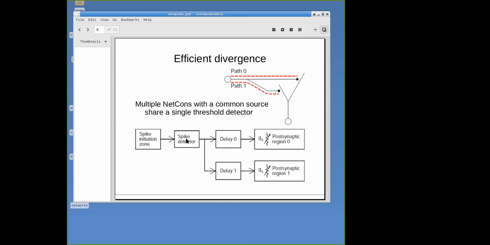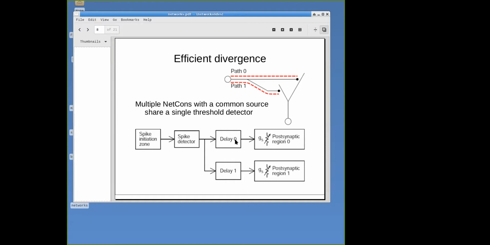You just attach that one spike detector to the location in the cell where the spike initiates. And if you have this presynaptic cell projecting to multiple targets, that's all you're going to have. NEURON will automatically only make that one spike detector, and each of these different paths can have its own delay. You'll still create a new netcon for every projection from the presynaptic cell to each target, but internally, NEURON is only going to create that one spike detector that all the netcons are going to share.